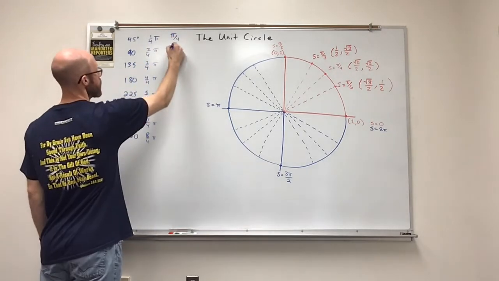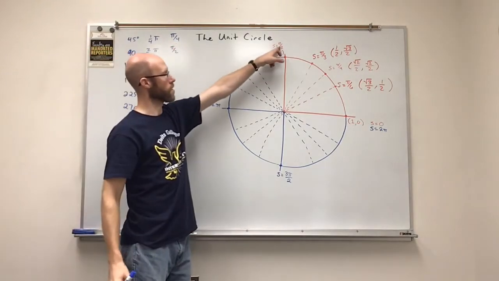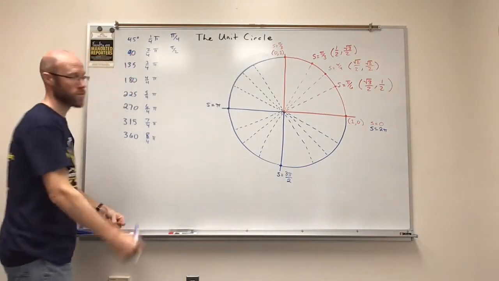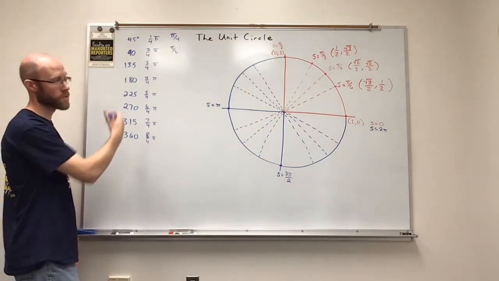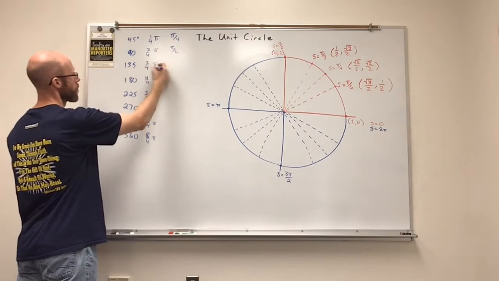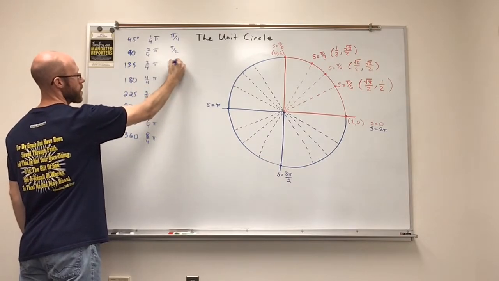So pi over 2. So it works out, right? 90 degrees, pi over 2 again, just using the 45s instead of the 90s. 135, this is 3 pi over 4.